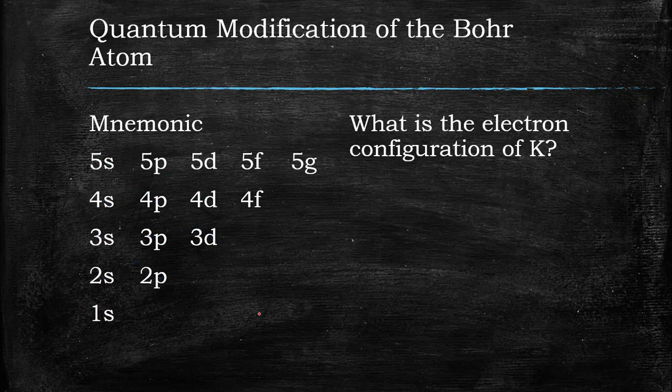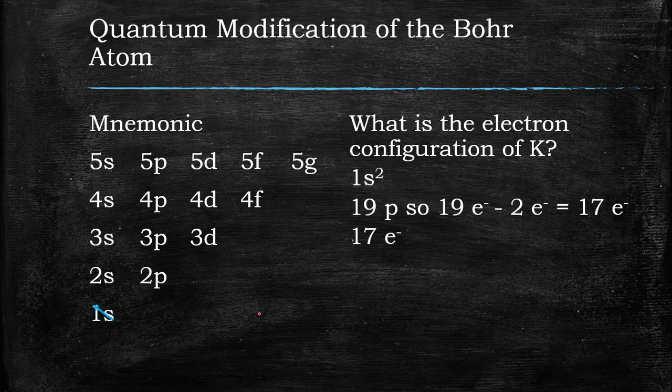So suppose we wanted to know what the electron configuration of potassium is. We would follow the mnemonic. The first thing you do is identify that potassium has an atomic number of 19, so it has 19 protons, and thus has 19 electrons. So I draw my first line that cancels out the 1s. That holds 2 electrons, so I subtract 2. I now have 17 electrons left, and I can write 1s2. Go up 1.